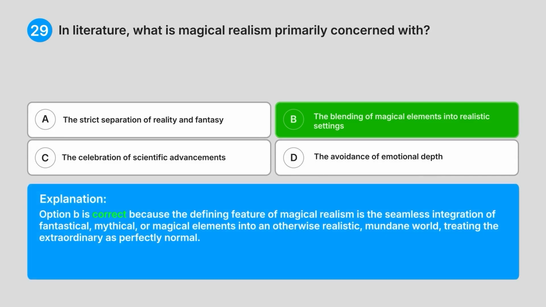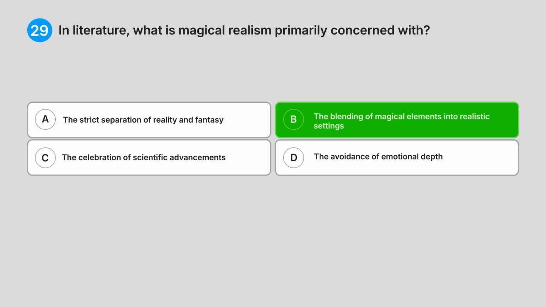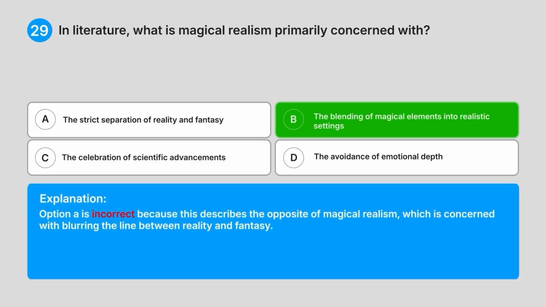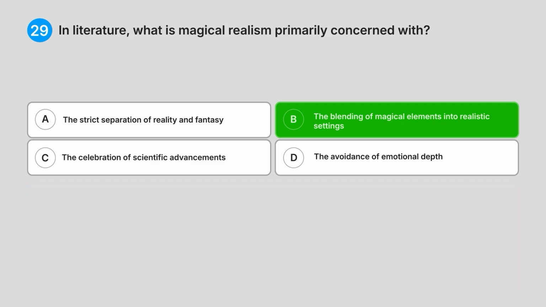Explanation. Option B is correct because the defining feature of magical realism is the seamless integration of fantastical, mythical, or magical elements into an otherwise realistic, mundane world, treating the extraordinary as perfectly normal. Option A is incorrect because this describes the opposite of magical realism, which is concerned with blurring the line between reality and fantasy.